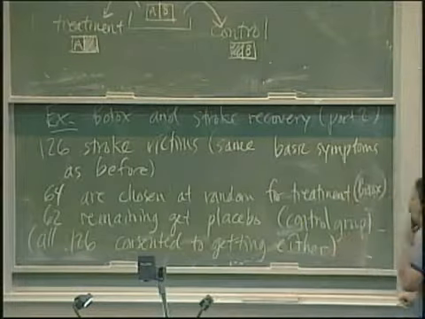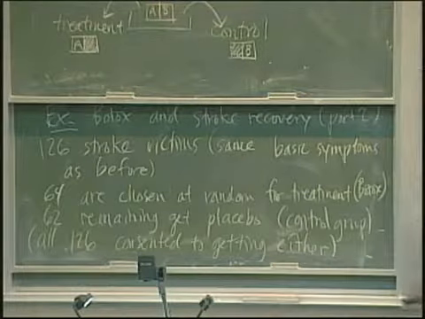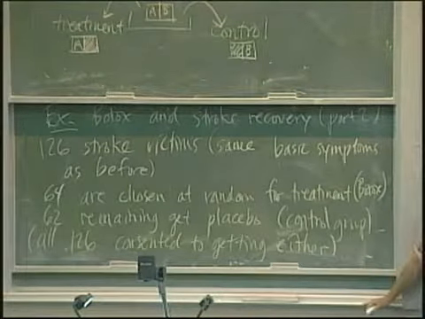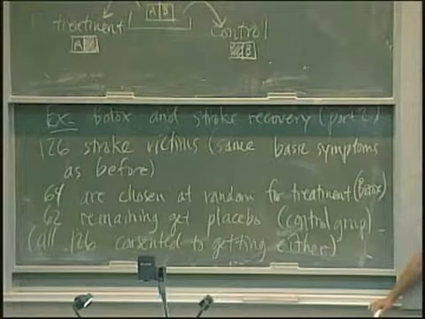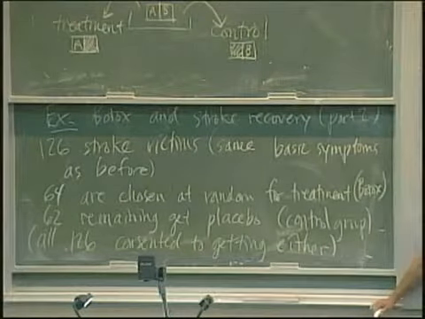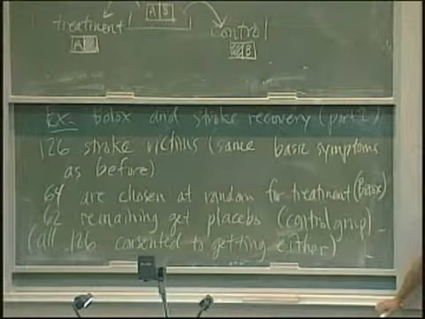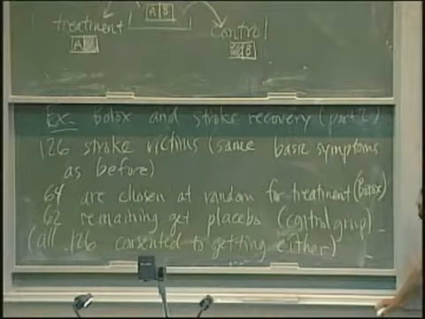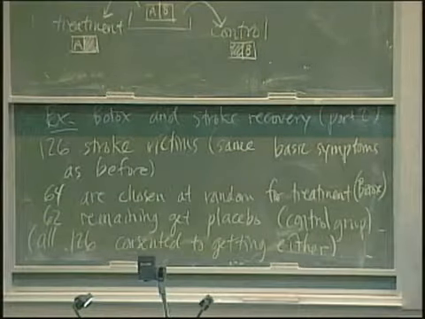Anytime you have some clinical trial like this, some experiment with human subjects, you have to tell them the design of the experiment. You have to tell them you might either get Botox injected into your hands, or you might get a placebo. You don't have to tell them which one, because you want to maintain the blindness. So this is subject blind. They don't know which group they're in.